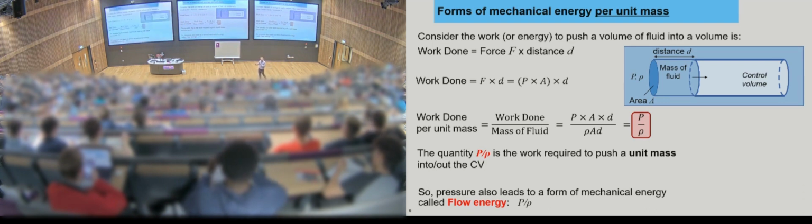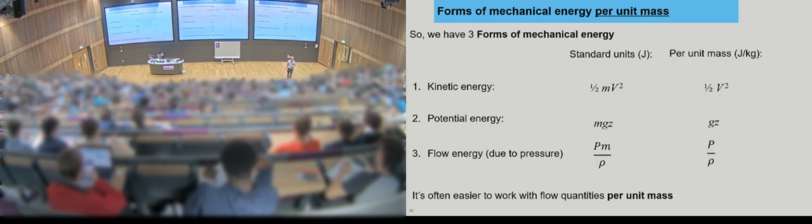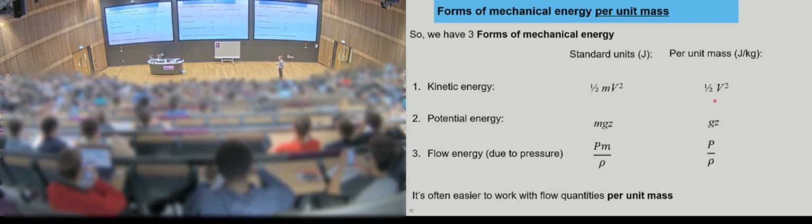So we're beginning to answer this question: how is pressure related to energy? So now we've got the flow energy in addition to the kinetic energy and the potential energy. So here is our little table. So we've got flow energy due to pressure, and then here is flow energy due to pressure per unit mass, so there's no mass there.